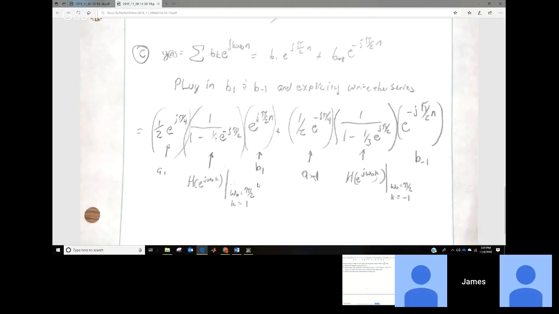Well, this and this is your B1 coefficient, but this is the added part from B1. So this is your A negative 1 coefficient. And this whole thing is your B1 coefficient, which we can substitute in with this. This is, again, your impulse function evaluated at pi over 2 and a k of negative 1.